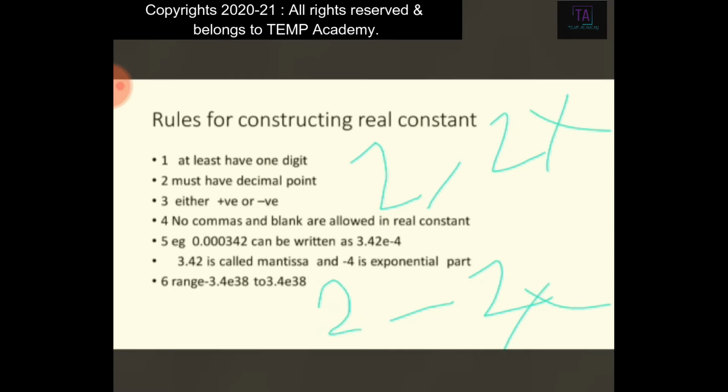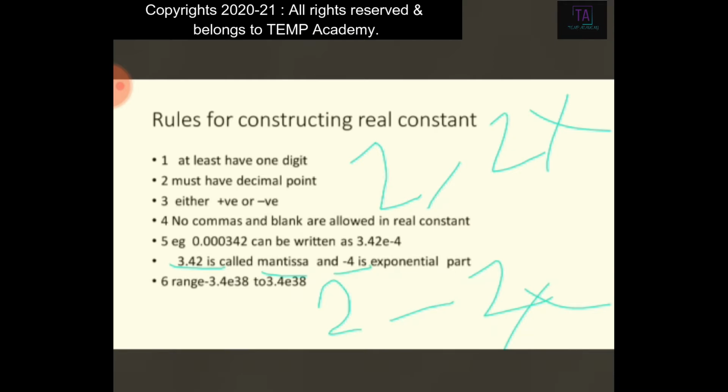Next is an example. We can see 0.000342 can be written like 3.42e-4, where 3.42 is called the mantissa and -4 is called the exponential part.